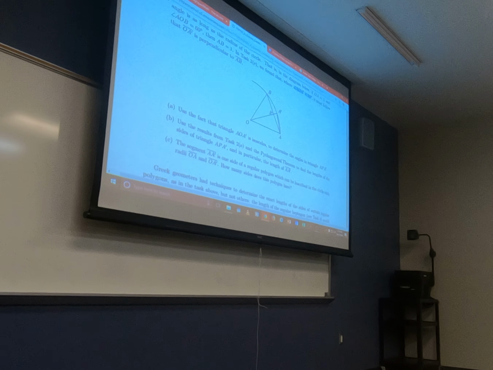So determine the angles in this triangle. Well, we know that this one is 60, right? How do we know that? Well, it's an equilateral triangle, right?